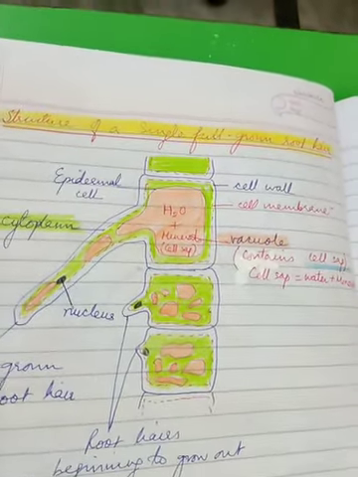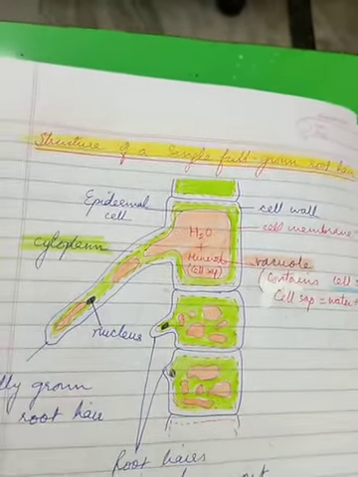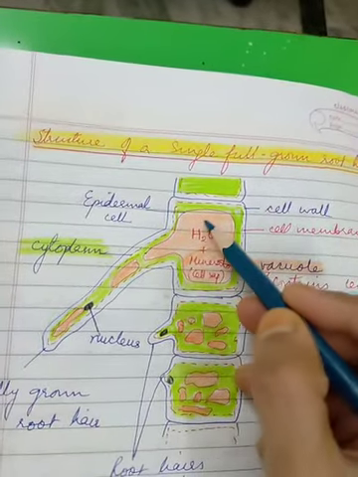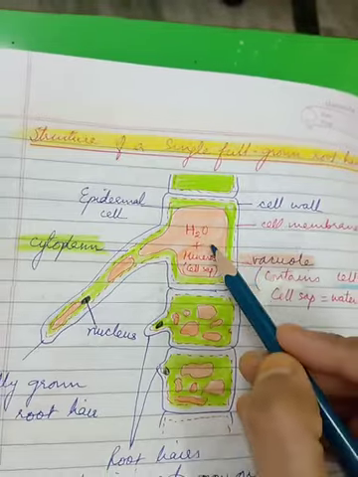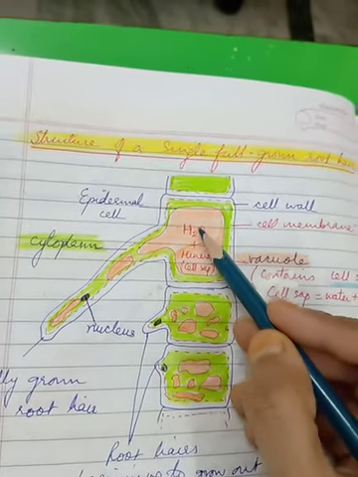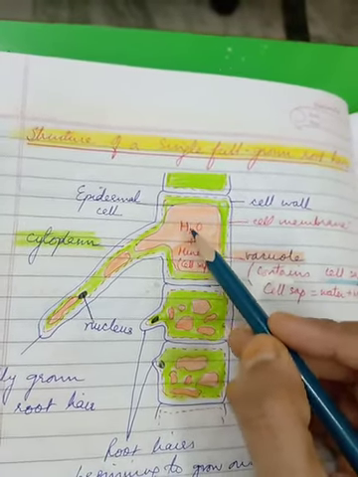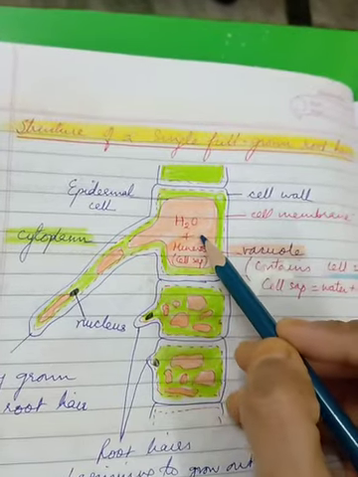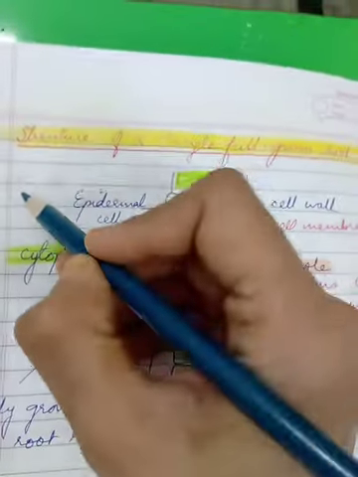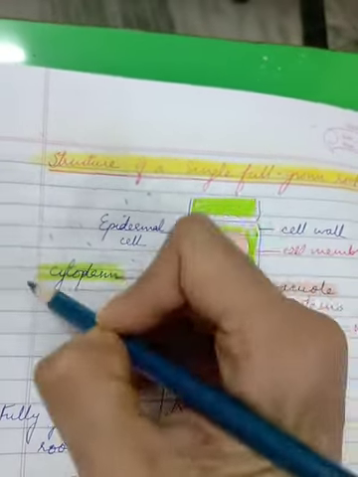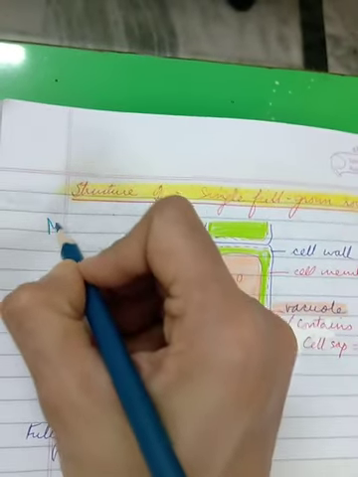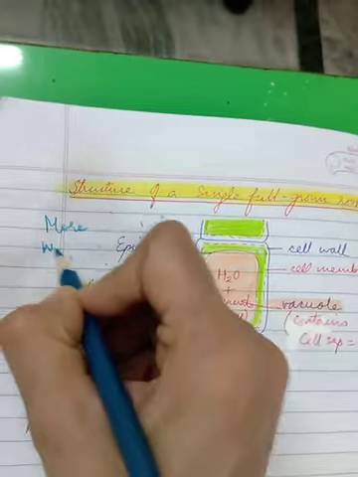Alright, so this same cell sap we are talking about here, children, is highly concentrated, very, very concentrated, which means less water and more minerals. Alright, once again understand, less water and more of minerals. So if you compare to the water molecules outside, water outside is more, right?